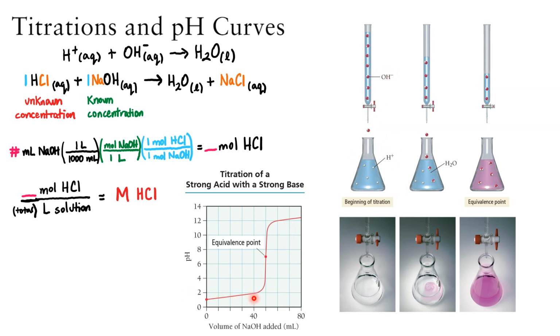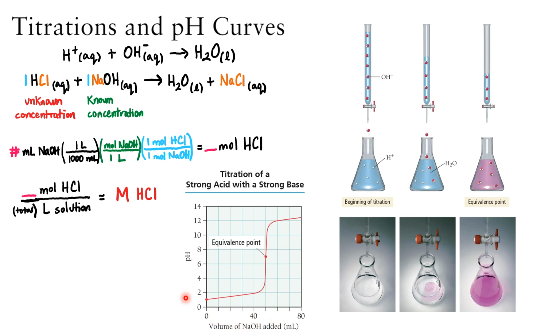You can graph it and you get this characteristic S-shaped curve. Remember what I said, the x-axis here is volume of sodium hydroxide, the y-axis is pH. So if you track the pH as you add more base, the pH is only naturally going to go up, right? Because you're making this more basic.